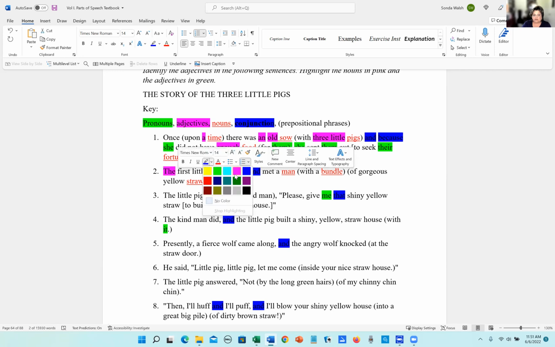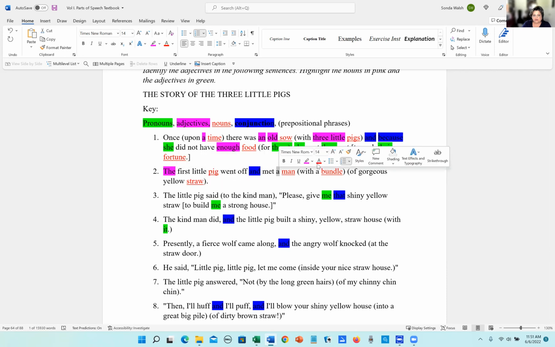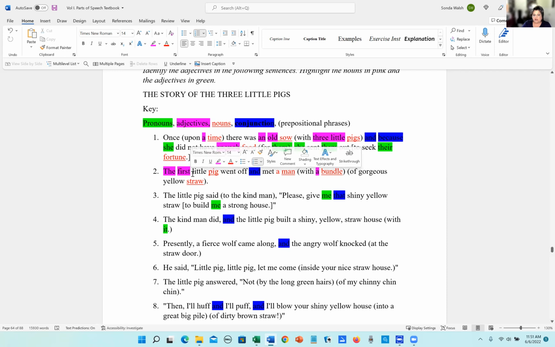So our articles are just a, an, and the. Then we go to our noun and we ask which noun, what kind, which pig, what kind of pig, or how many pigs. Well, the first is which one, and what kind of pig is the little. So the first and little are all adjectives modifying pig.